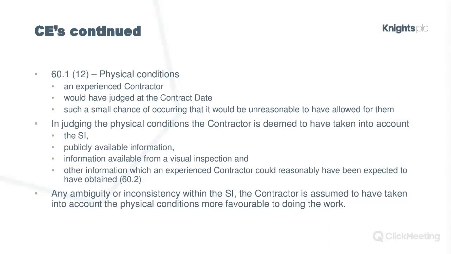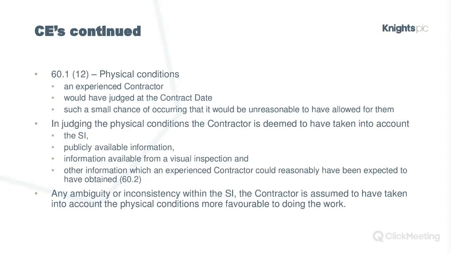So just be careful about that, because again, that's an attempt to shift the risk, and make it less likely that you'd be able to make a claim under this compensation event. So that's one lot of information you need to take into account.